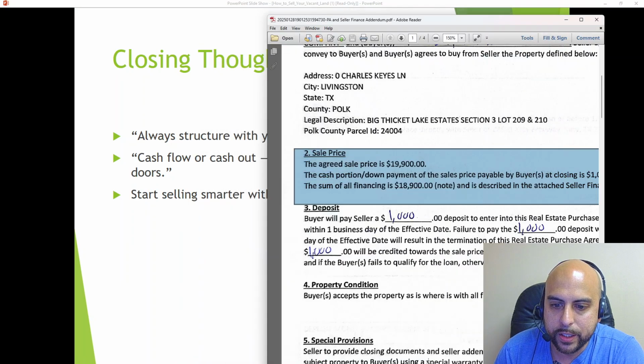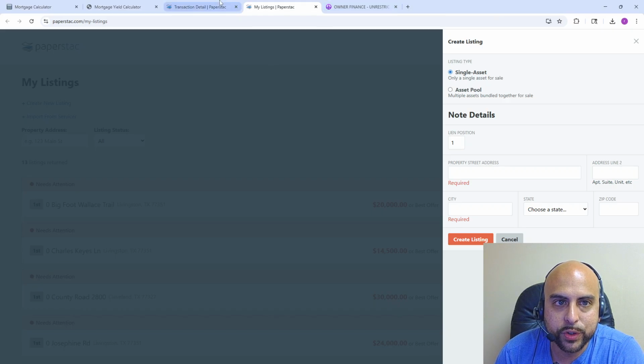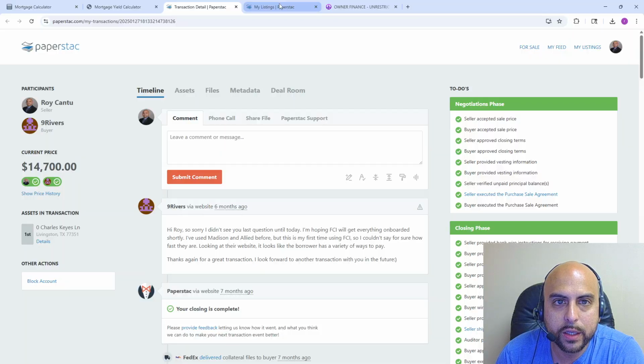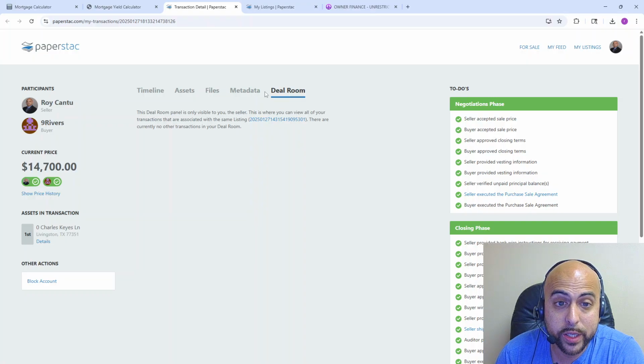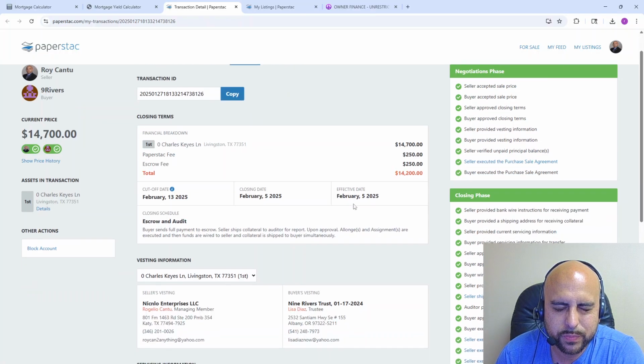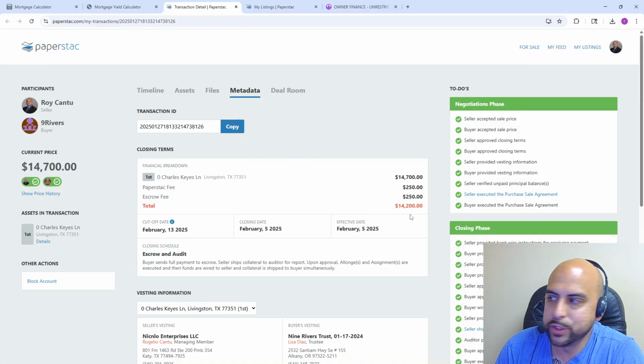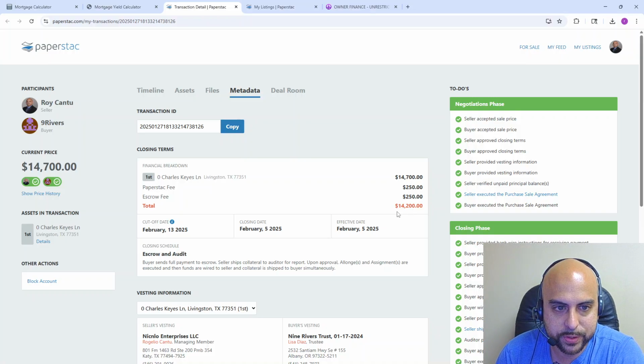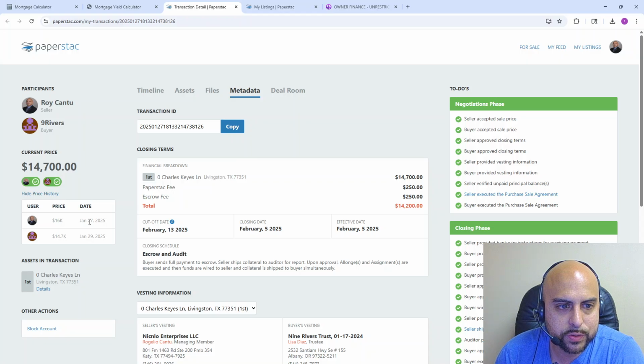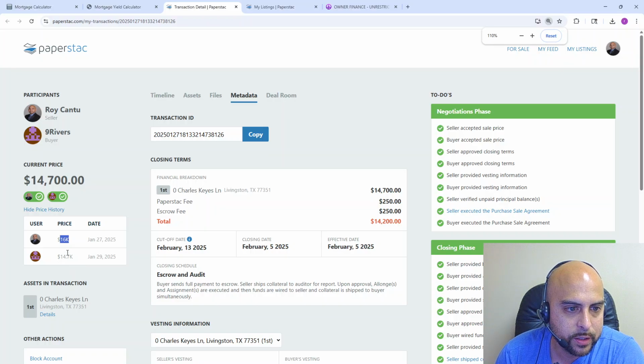Okay. So now I'm going to show you, here we go, what it sold for. So I sold this loan on Paper Stacked. I had listed it for, let's see if it shows you. Yes, 16. You can kind of see it here. And then I got an offer at 14. I just took it.